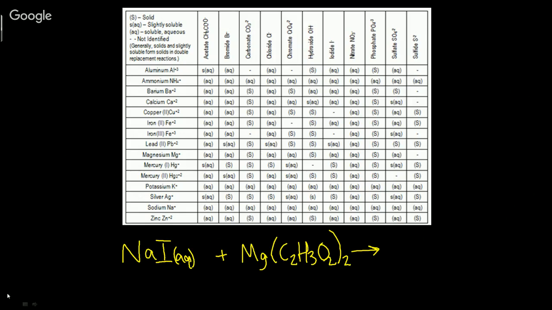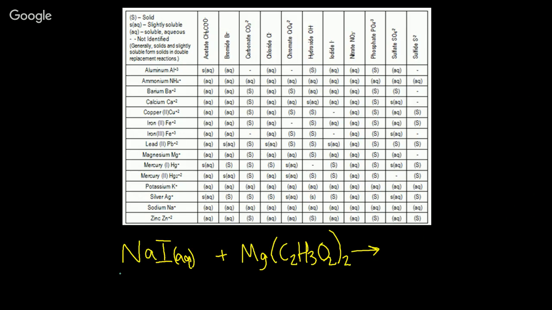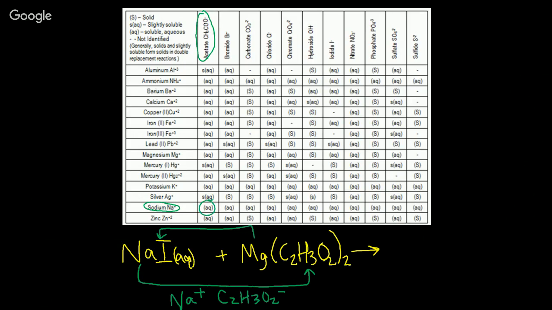So our partners that are going to switch, sodium is going to be with acetate, magnesium is going to team up with iodide. So Na and acetate, C2H3O2. So we look up sodium, Na. We said anything sodium is going to be soluble. In fact, acetate here makes it aqueous. Okay, so it's aqueous.